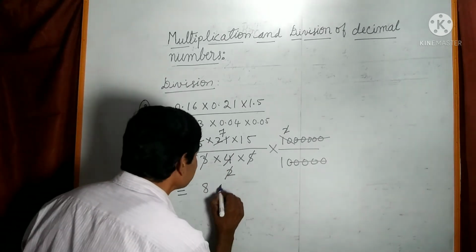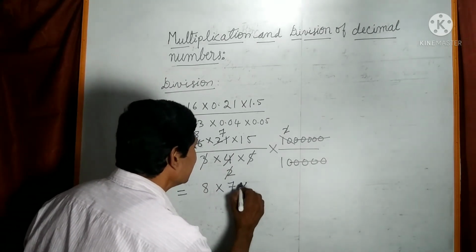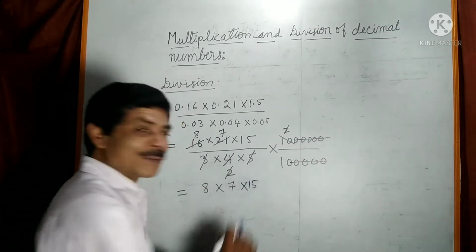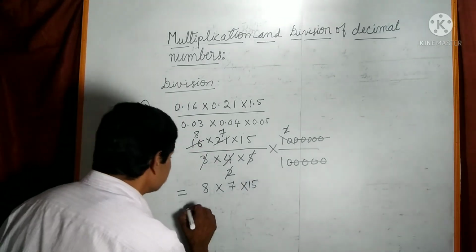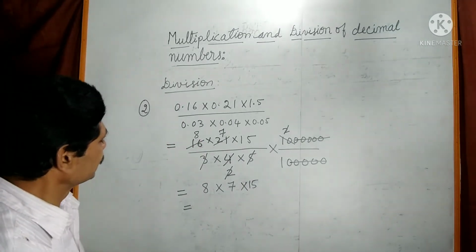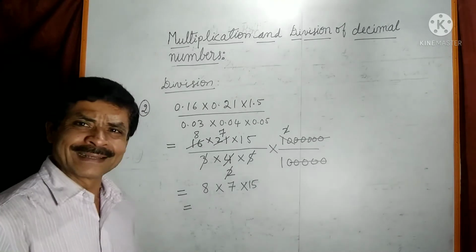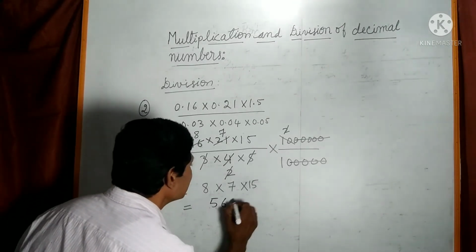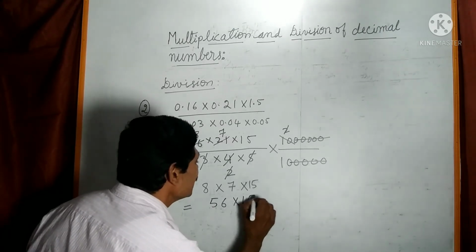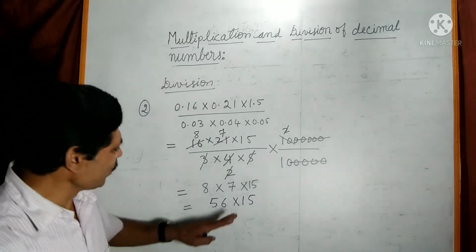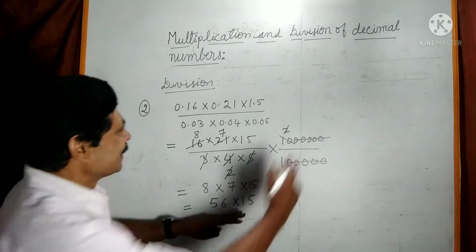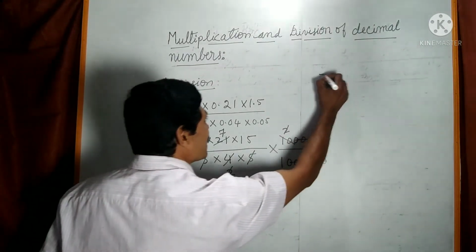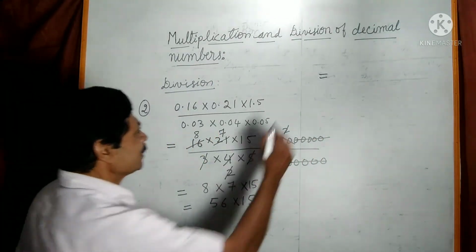into 7 into 15. This is equal to 8 sevens are 56 into 15. Now we will multiply this. We will take here 56 into 15.